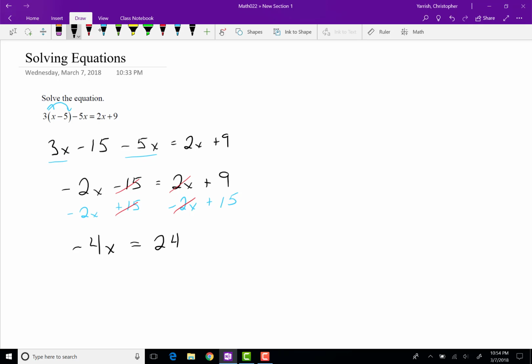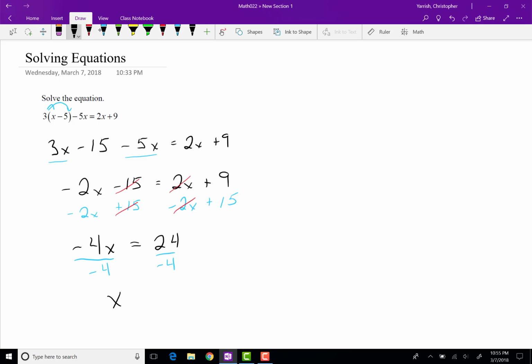So now I've gotten to a point where I simplified each side. I got all my variable terms on one side, everything else over to the other, and I said hopefully now we can get the variable all by itself. Since it's negative 4 times x, to get x all by itself, I'm going to divide by a negative 4. And again, anything I do to one side, I have to do to the other.